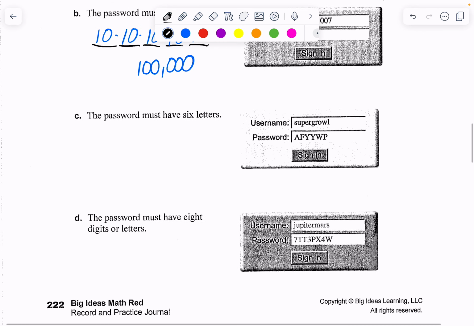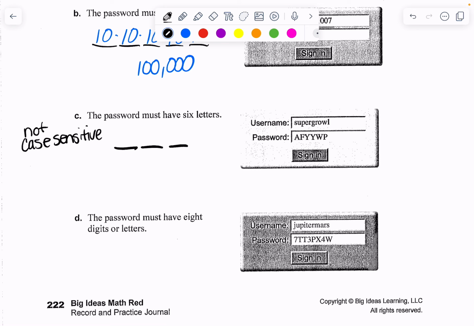When we look at this one that says the password must have 6 letters, we're actually going to do this one 2 different ways. So if it's not case sensitive, meaning a capital A would be the same thing as a lowercase a, I must have 6 letters.